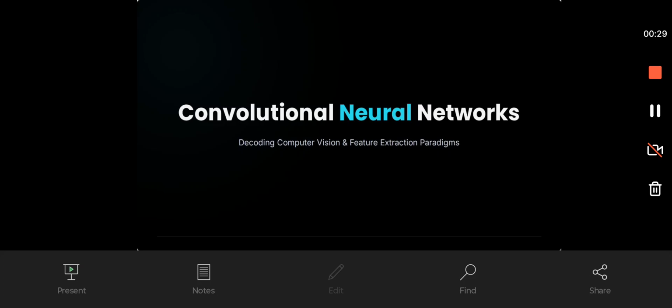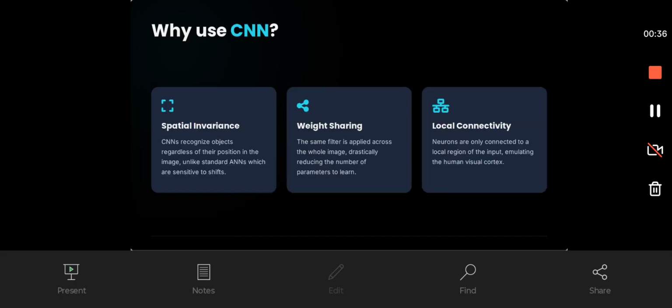Before understanding the complete working process, we will first look at the basic architecture of CNN. A CNN consists of multiple layers that work together to process image data. The major layers include the convolution layer, activation layer, pooling layer, and fully connected layer.